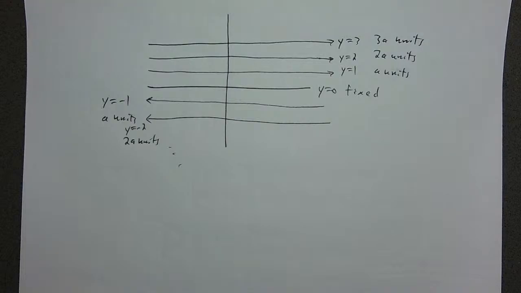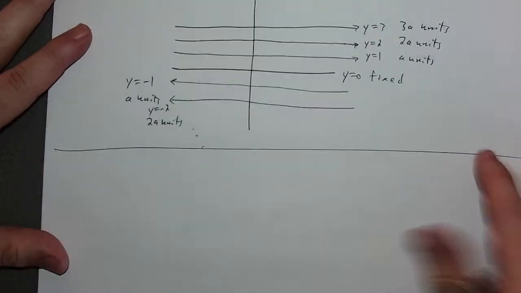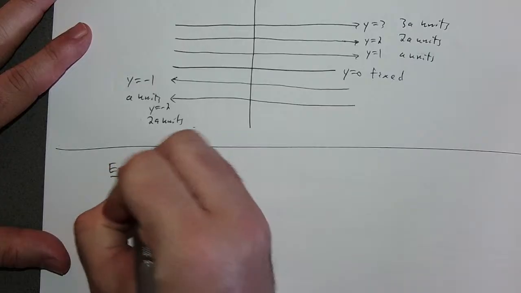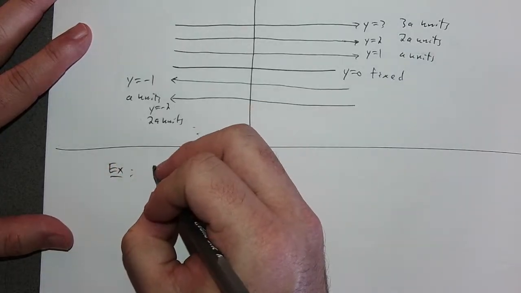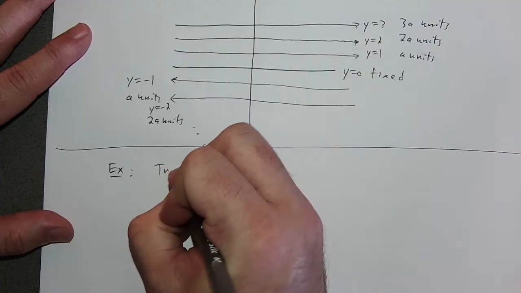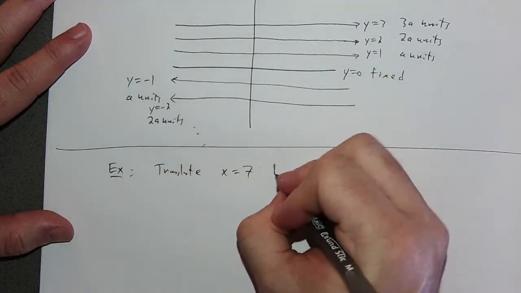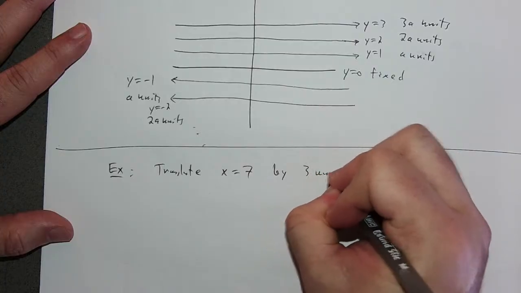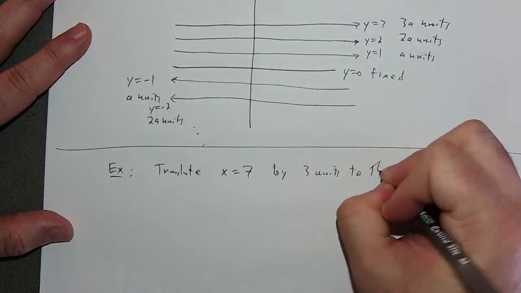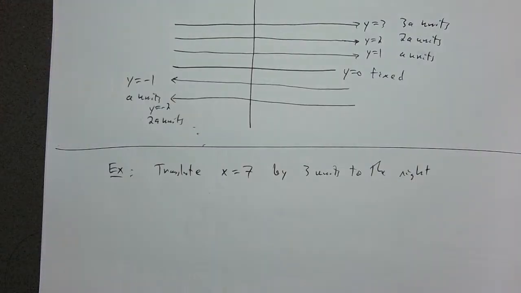So for instance, let's just see how this works with one-dimensional translation. So let's say translate x equals 7 by 3 units to the right.